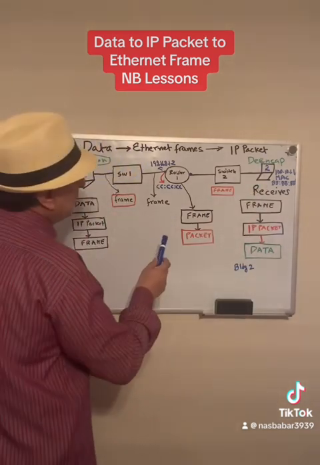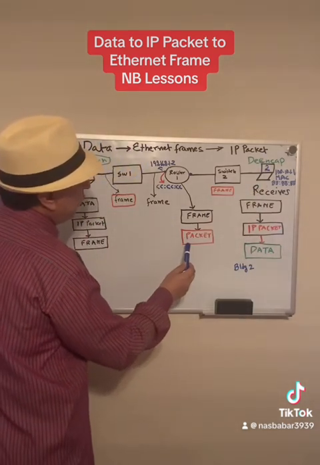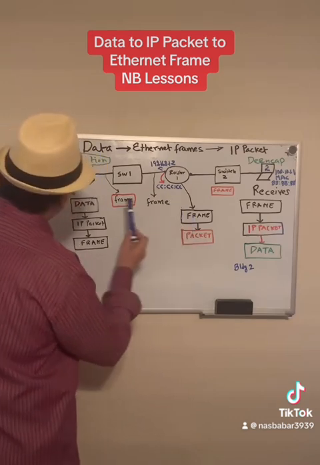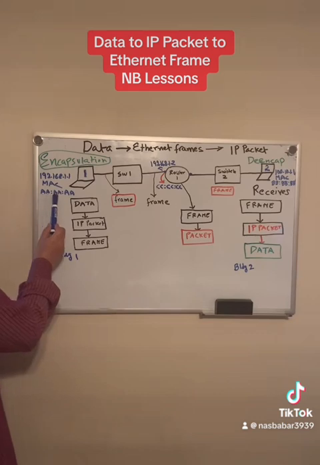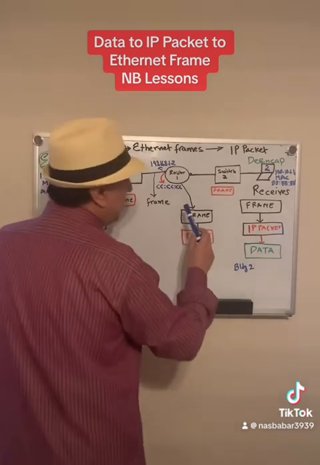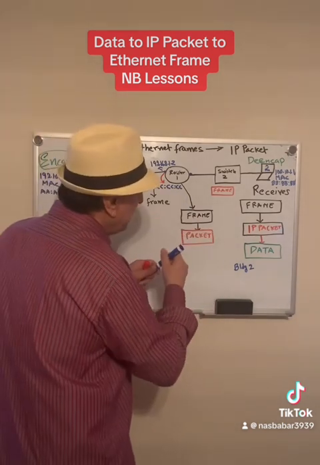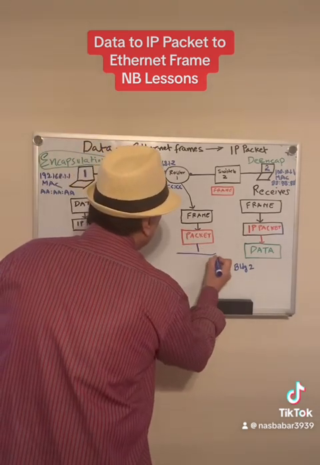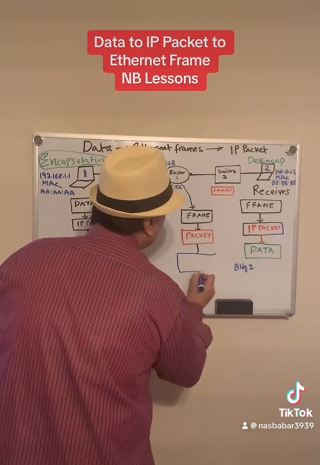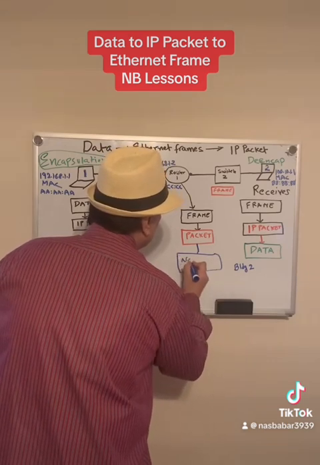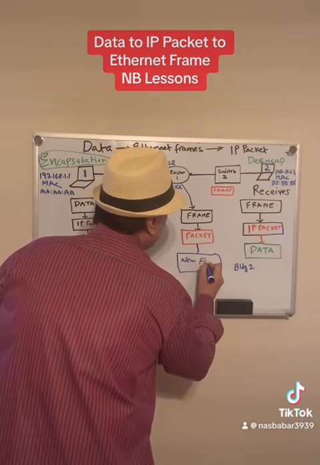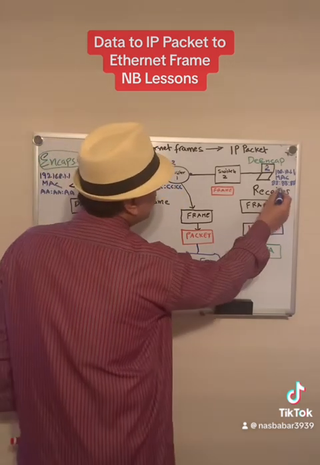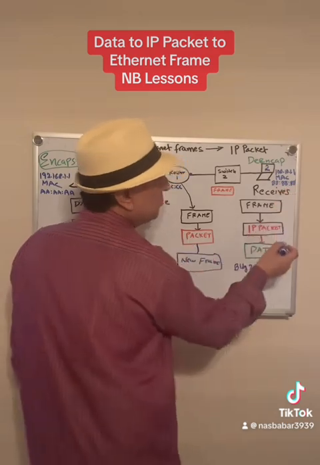This frame has a source MAC address of AAAAAA, and at this point a new frame is created. This new frame will have a destination MAC address of BBBBBB, which is the MAC address of laptop 2.